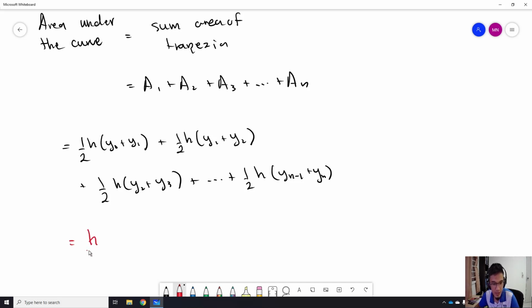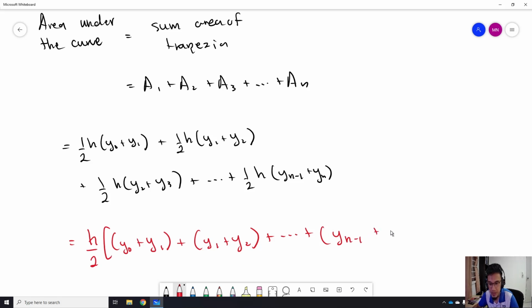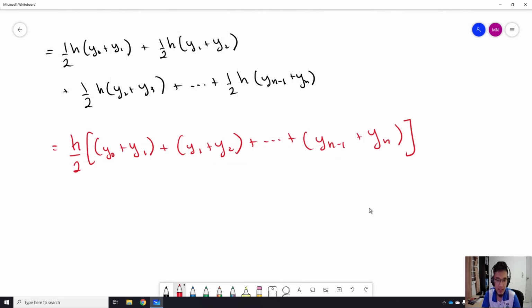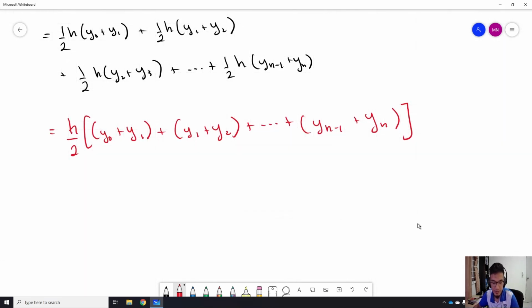So it will be h over 2 of y0 plus y1 plus y1 plus y2 plus dot dot dot plus yn minus 1 plus yn. Okay, so then by collecting the like terms, we arrange it.